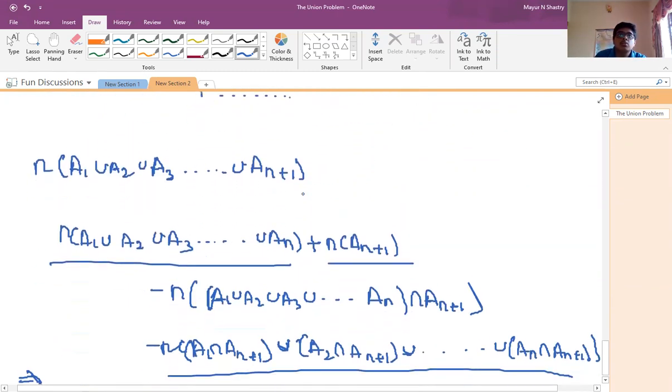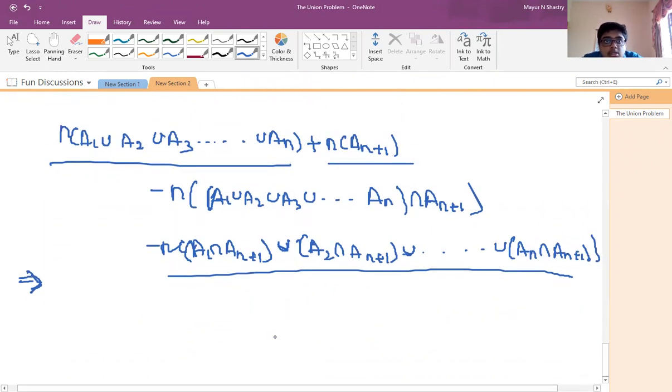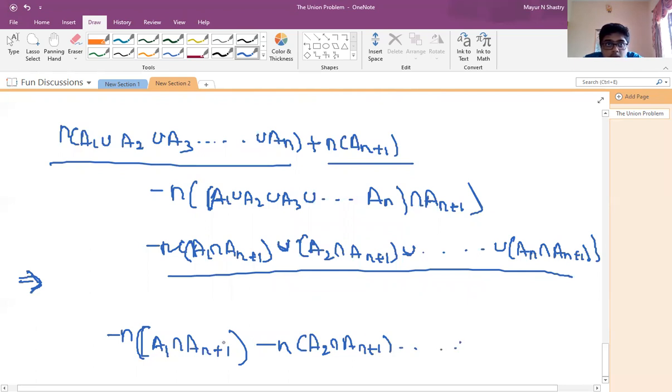So now what I do is I try to group the ones in which there are two intersections. So here I get something like this: n of A1 intersection AN plus 1 minus n of A2 intersection AN plus 1 dot dot, oh sorry, it's a plus here because I've taken minus common, plus n of AN intersection AN plus 1.